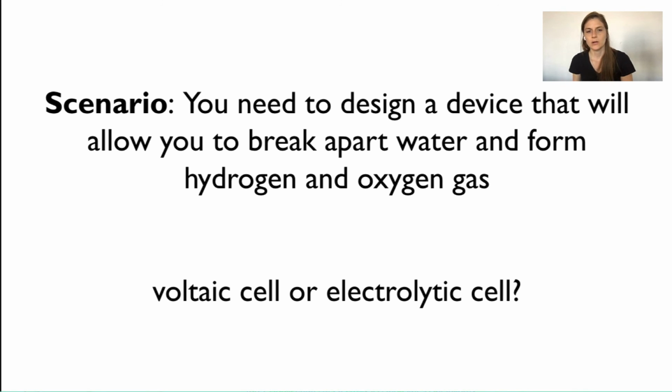Let's think about what if we needed to design a device that will allow us to break apart water and form hydrogen gas and oxygen gas. So that probably doesn't occur spontaneously. Otherwise, we would see water just kind of chemically decomposing everywhere. This would probably need an electrolytic cell. It's going to require us to put energy in, and it actually is a redox reaction because we're starting off with water and creating hydrogen and oxygen gas.